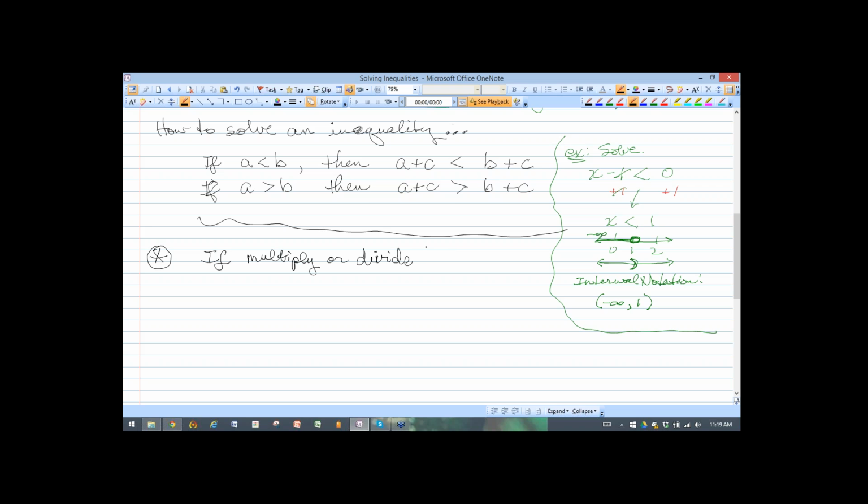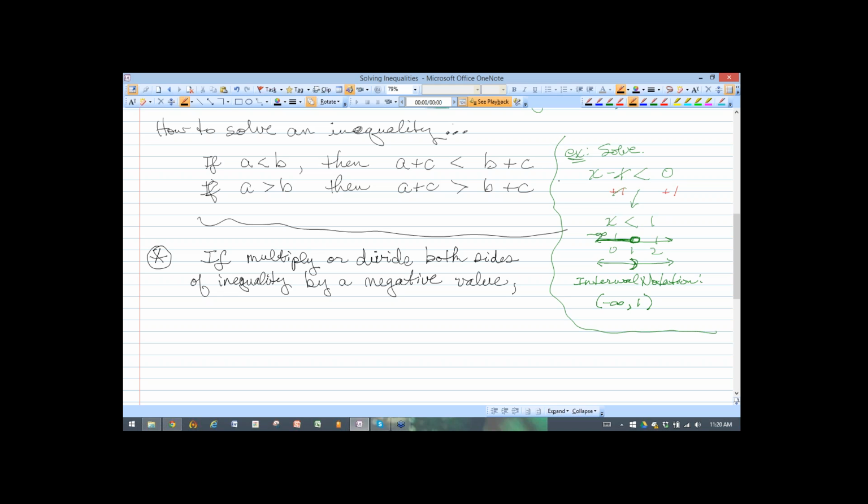If we multiply or divide both sides of our inequality by a negative value, the sense of the inequality symbol changes.